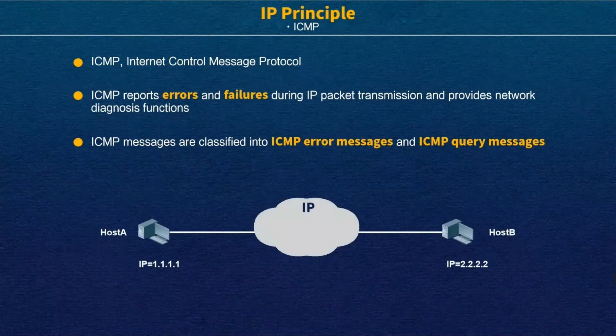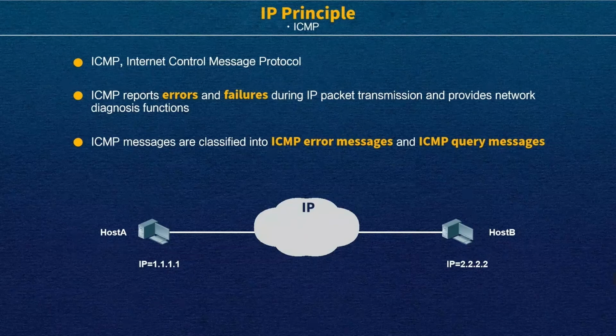So, for example, host A and host B may be in the same segment, or maybe belong to different segments, right? For example, host A's IP address is 1.1.1.1, but host B is 2.2.2.2. Of course, between A and B, we have lots of networks to make the routing work, and we can follow the traffic.